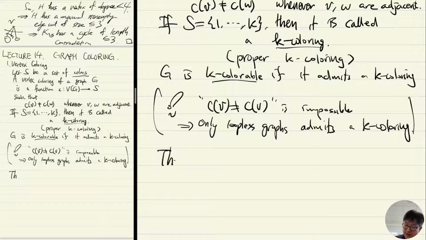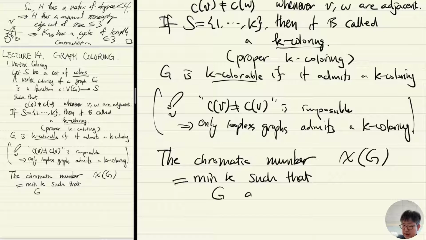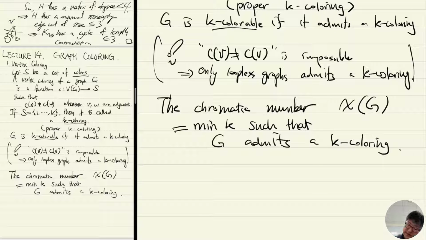And what is the chromatic number? The chromatic number chi of G is the minimum K such that graph G admits a K coloring. So for instance, K1 has chromatic number 1, K2 has chromatic number 2 because these two vertices should get different colors.